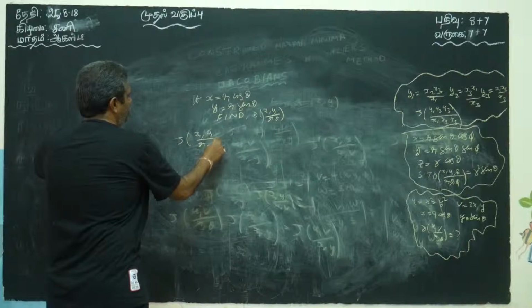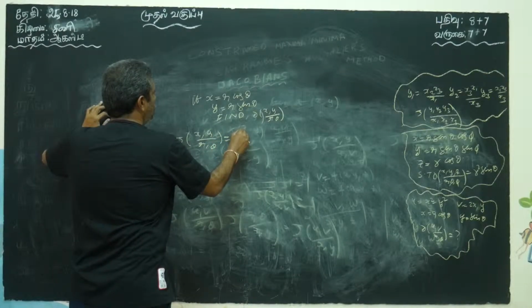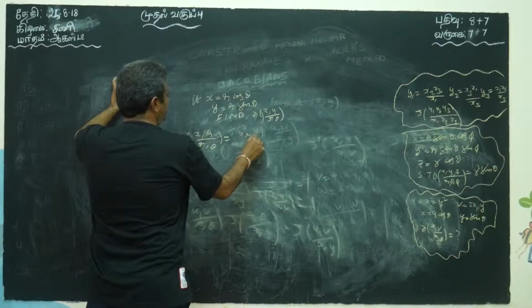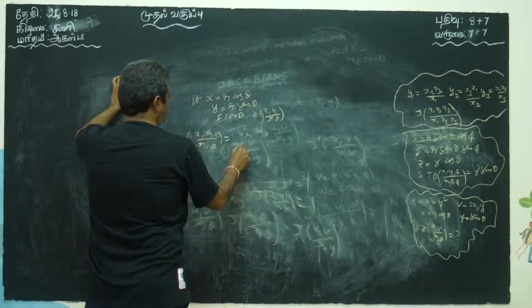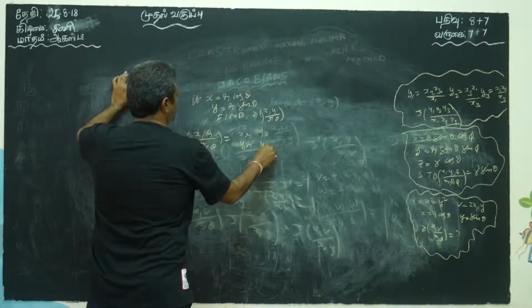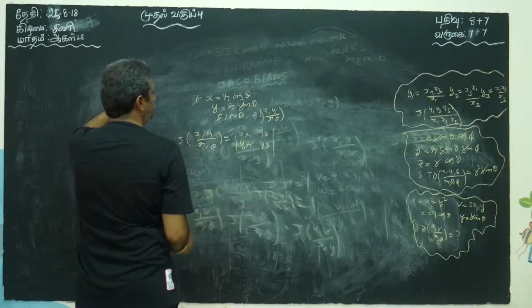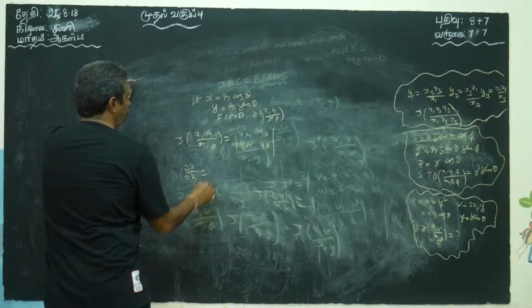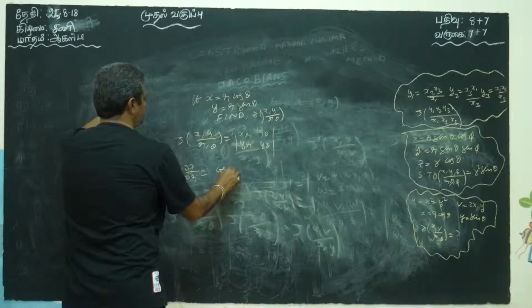So first we do the Jacobian of x, y with respect to r, theta. What is the formula? x is a function of r and theta, so x r, x theta, then y r, y theta. x r means dou x by dou r, which with respect to r gives cos theta.